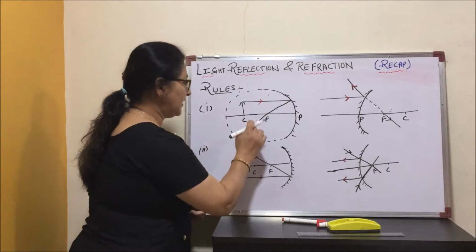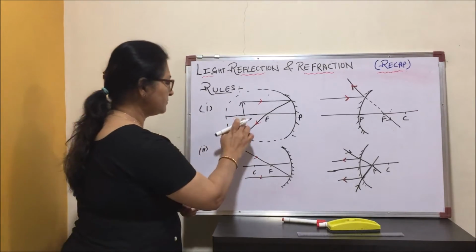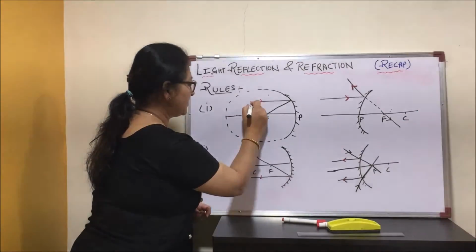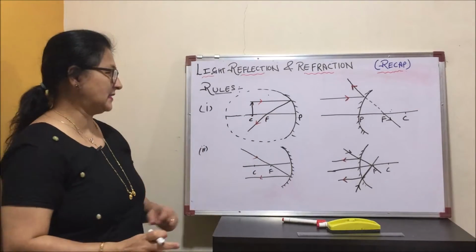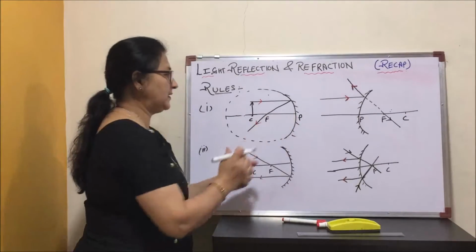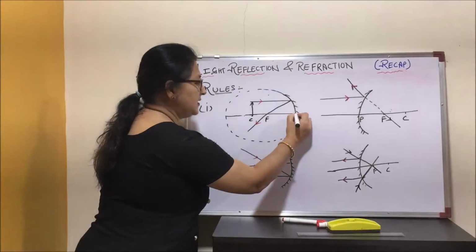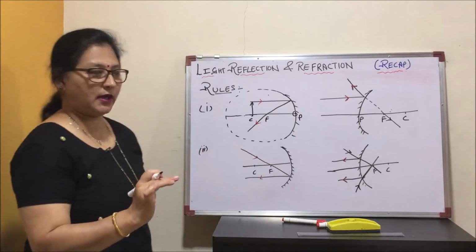Here let this be the center, which is the center of curvature, and its distance from the mirror is the radius of that circle. F is just half of C and P. This is the pole, the midpoint of the spherical mirror, okay?